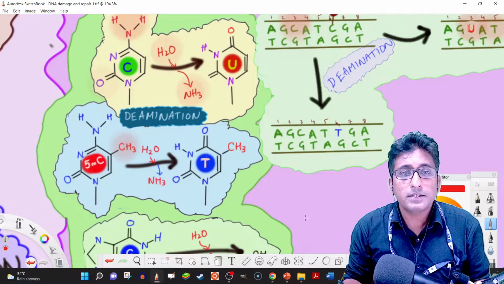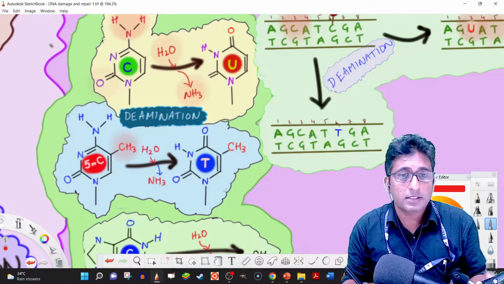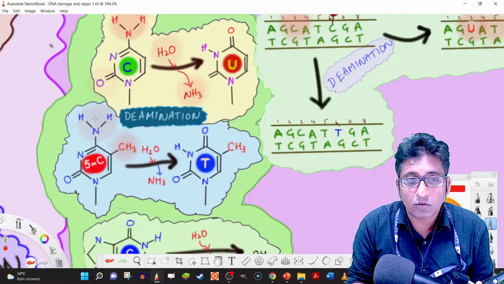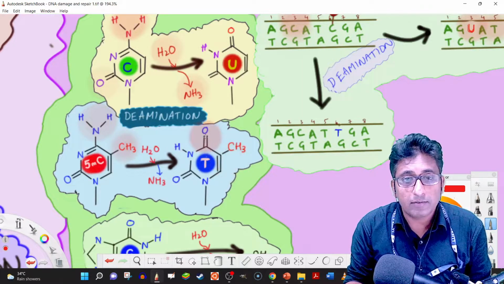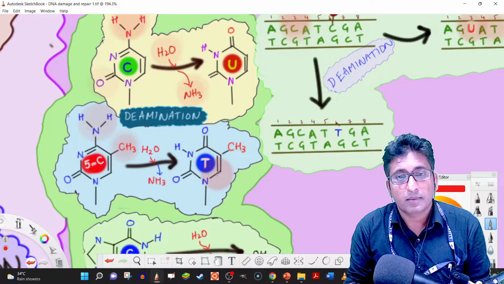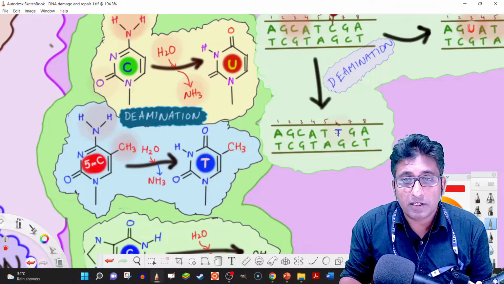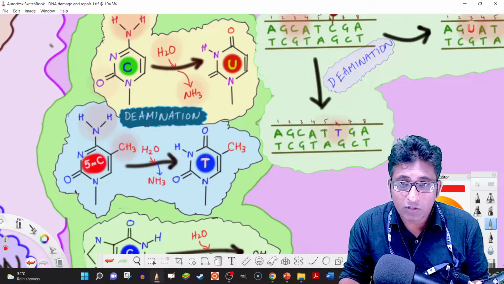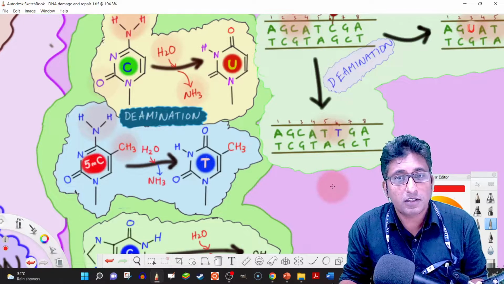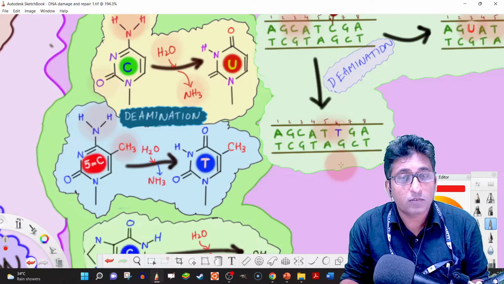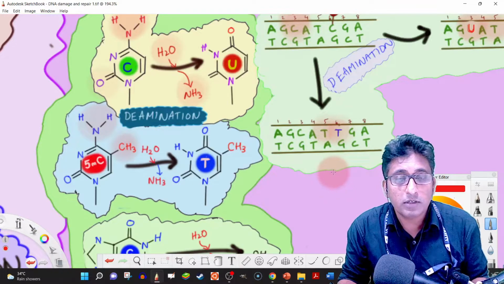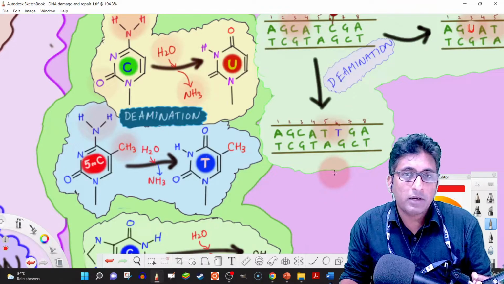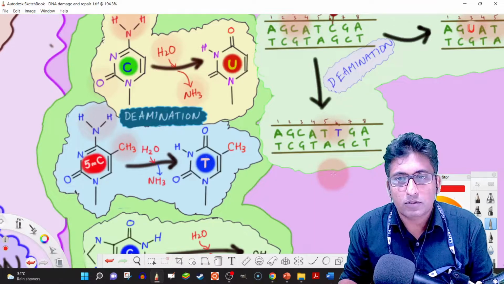Now, if we see deamination of methyl cytosine, if the amino group is lost, what we have is the formation of thymine. There is normal thymine in the 5th position here, and in the 6th position we have a thymine, which actually is a deaminated 5-methyl cytosine.